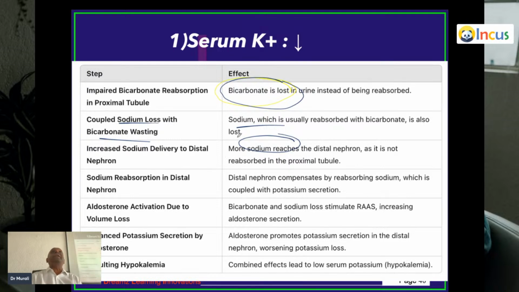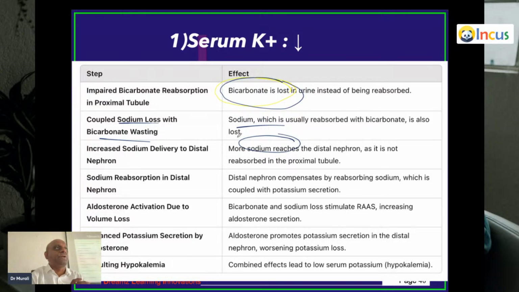So what will the distal nephron do? Oh no, the salt is all going into the urine. That means the proximal convoluted tubule will phone the distal convoluted tubule: bicarbonate is not listening to me, sodium also stopped listening, both children are leaving me. Then immediately what will it do?